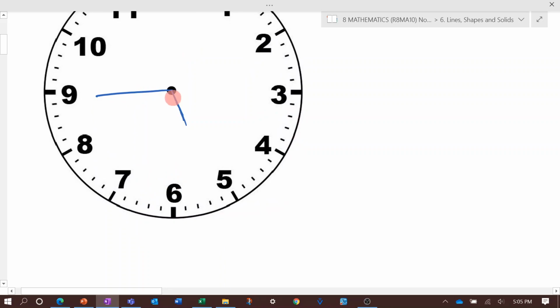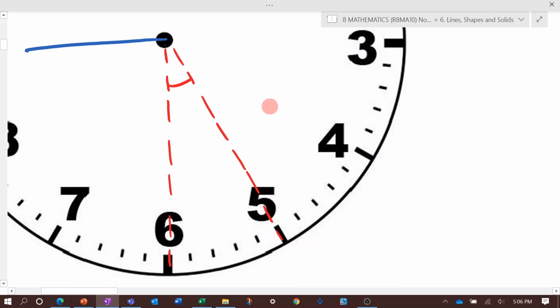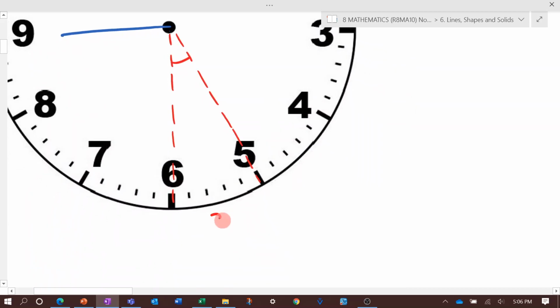beginning. If I just draw a straight line down here, and then I can draw a line from this 5 to this 6. Now you can already see that this line here isn't great, so let me try this again. Because I know that the angle right there is going to be 30 degrees.